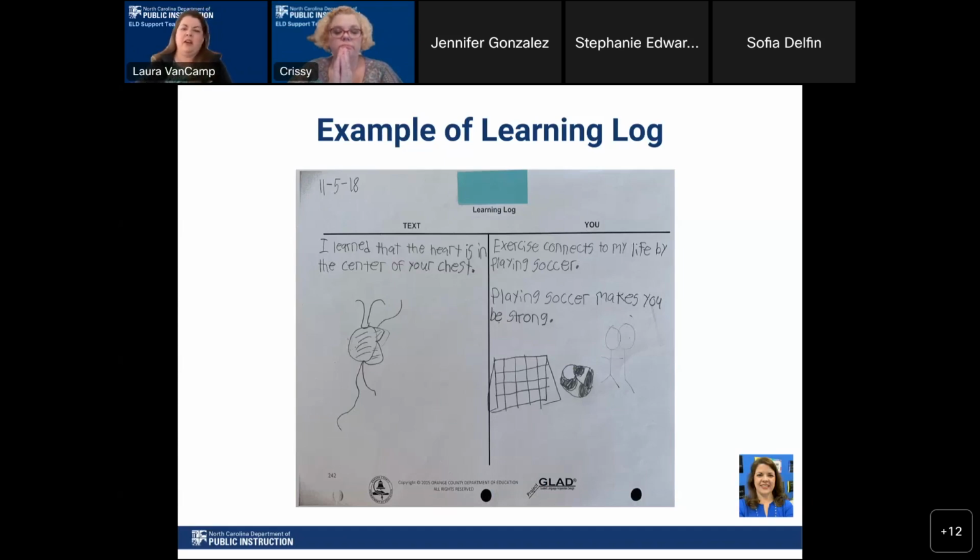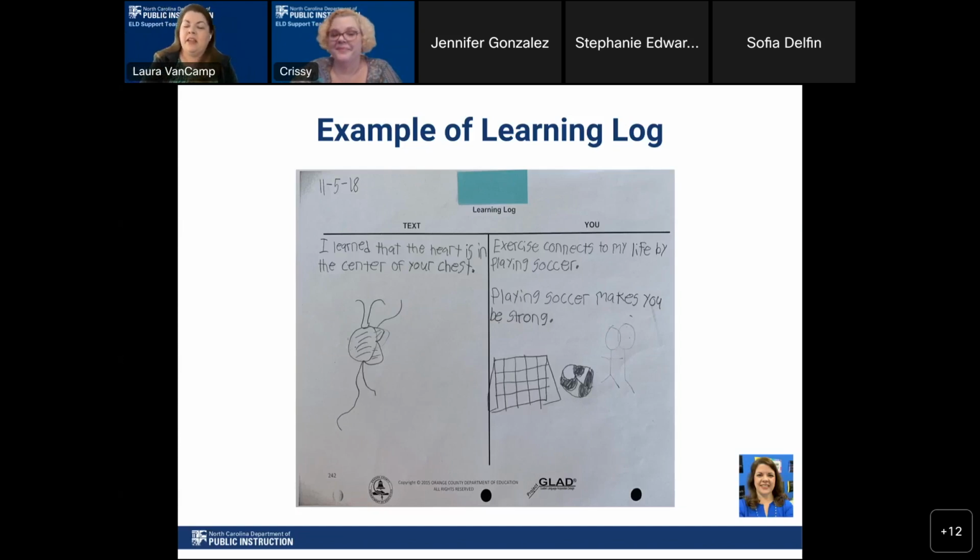And you can see that on the left, the prompt was, tell me something new that you've learned. And the way that they drew the heart was almost exactly how I had drawn a sketch of the heart, talking about the chambers, and the arteries and the veins feeding and taking away blood throughout the body. So I thought that was amazing.